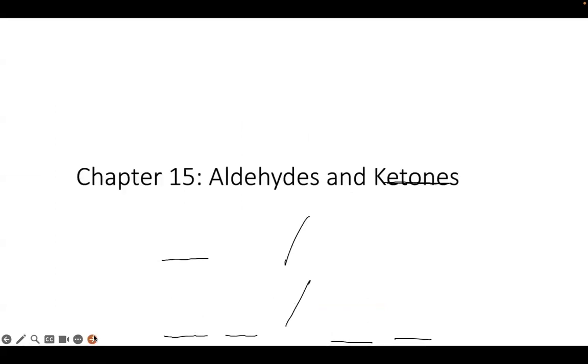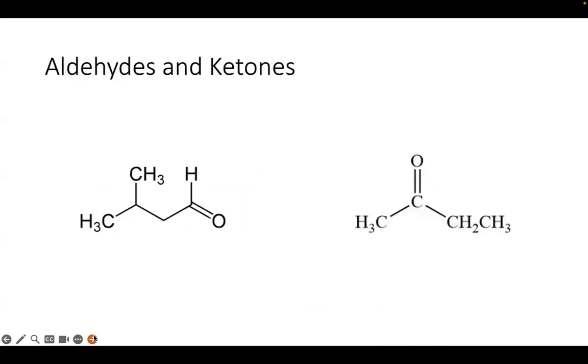So aldehydes and ketones. What do they look like? They both are composed of a carbonyl group, and a carbonyl group is a C double bonded to an O. So carbon double bonded to an oxygen.